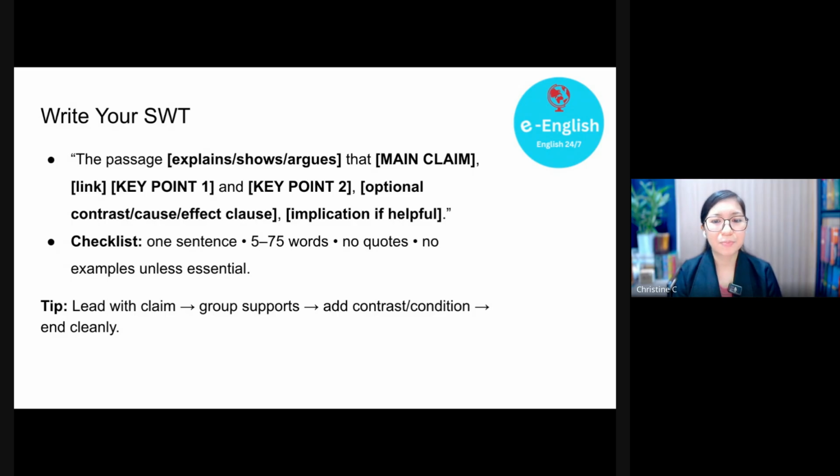And what would be our key point number one? So key point number one could be how can that be done?